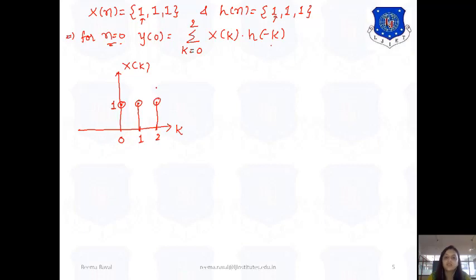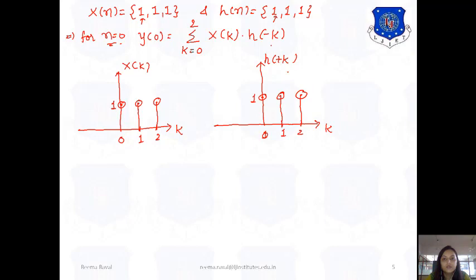Okay, now we will have to plot h of minus k. So first of all let us plot h of k, and according to that we will plot h of minus k. So h of k will be plotted according to h of n given to you. So first of all we plot h of k, or else you can say h of plus k. So that is also the same, that means at instant 0 the value is 1, at instant 1 the value is again 1, at instant 2 the value is again 1.